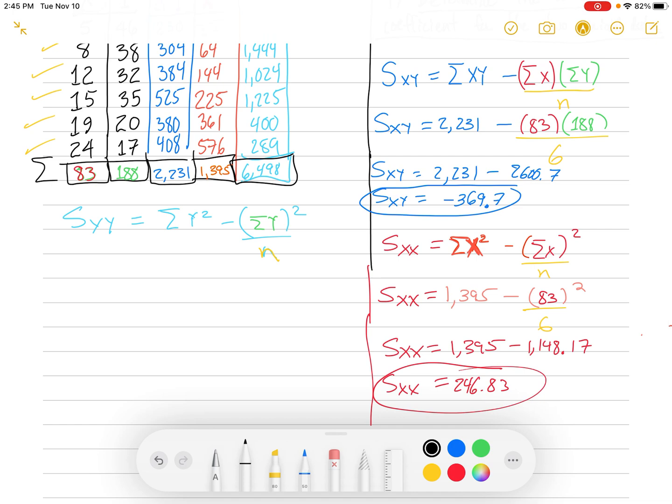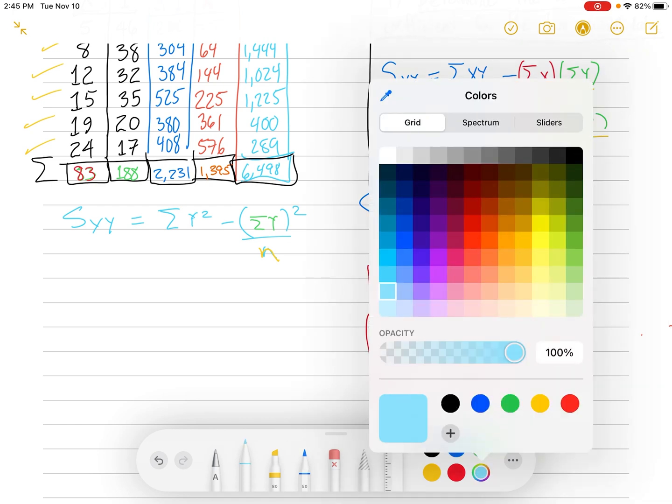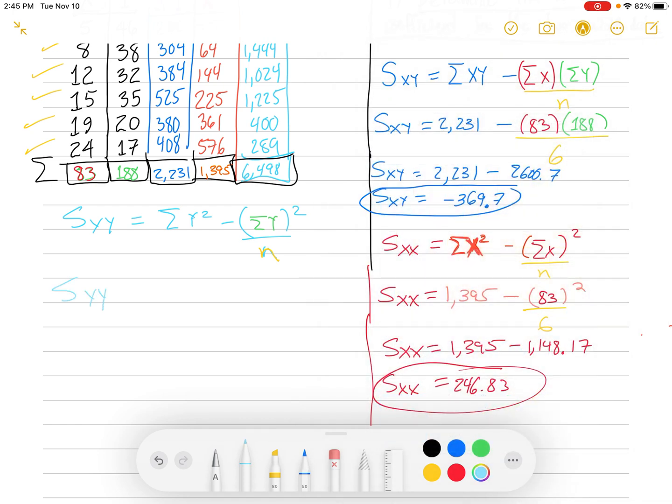So we're finding SYY. It's the sum of the y squares, which is 6,498, minus the sum of the y's squared over n. n is 6. There are 6 counties, 6 data points. The sum of the y's is 188.